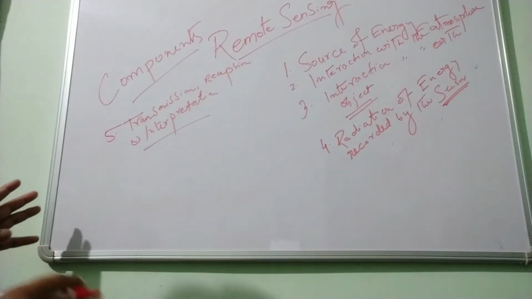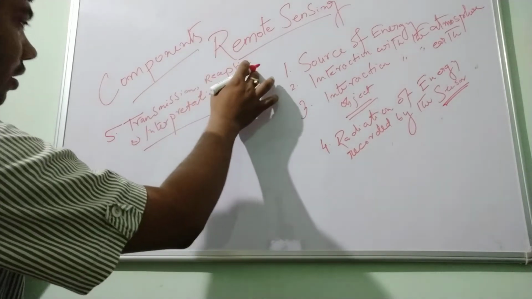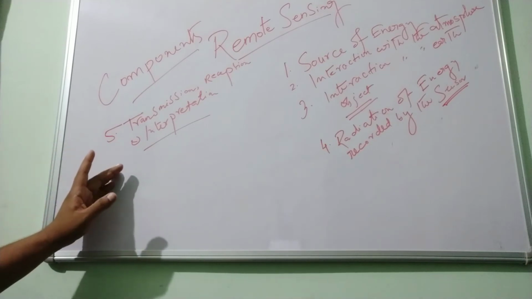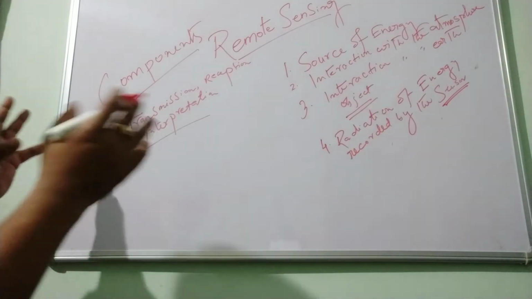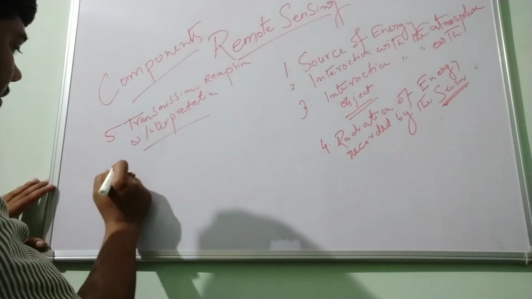After this, the energy is transmitted to the antenna and recorded by the antenna. After that, the data collected about the radiation energy recorded by the sensor is interpreted.